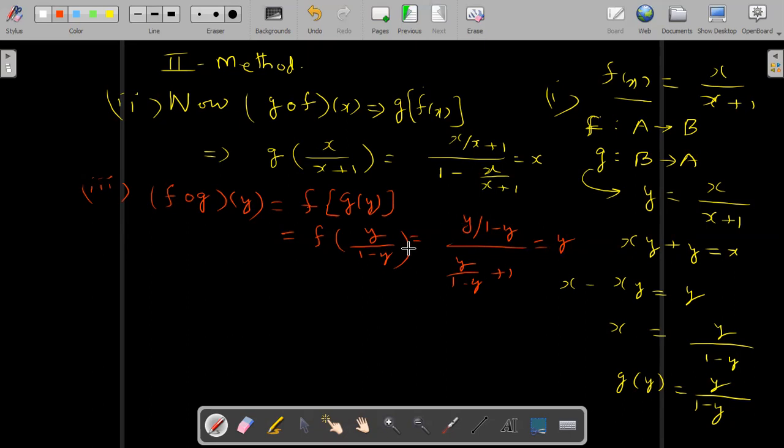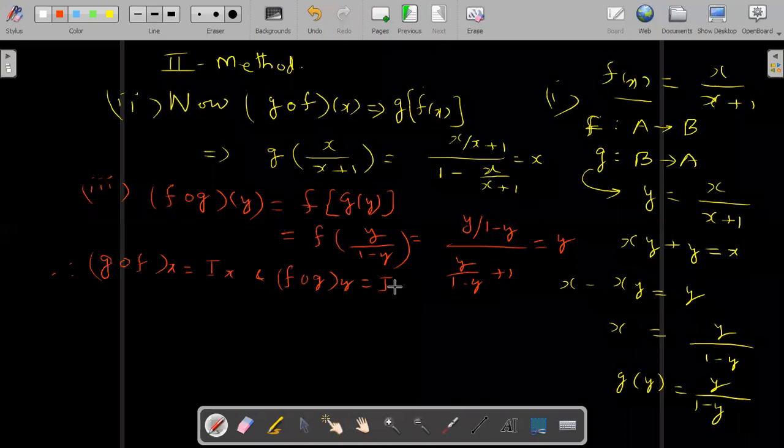So therefore, we can say that g of fx is equal to Ix, the identity function in x, and f of gy is equal to the identity function in y.